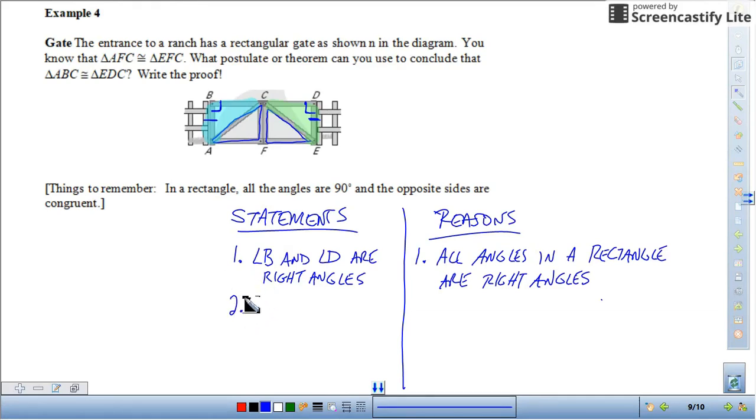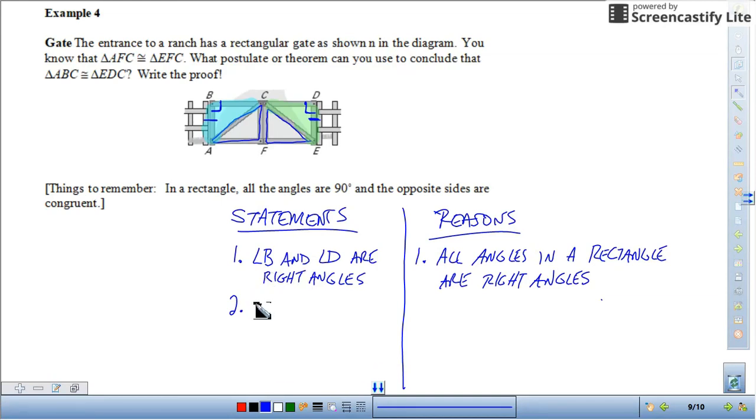Actually, let me back up a second. If we know that those are right angles, remember a proof we did earlier with those right angles, we then said that they were right triangles. We said earlier we weren't able to say anything about these two sides, but if we could show that the hypotenuses were congruent, we would then be able to use our hypotenuse leg theorem. So we want to make sure that we say these two triangles are right triangles based on the fact that they have a right angle.